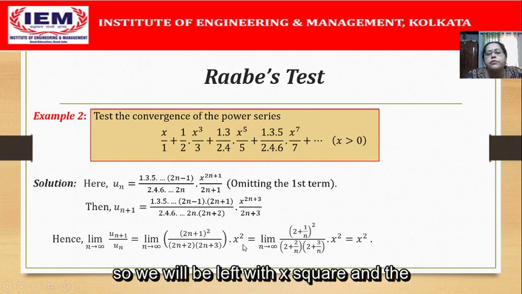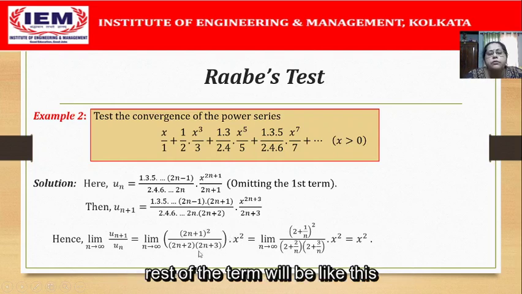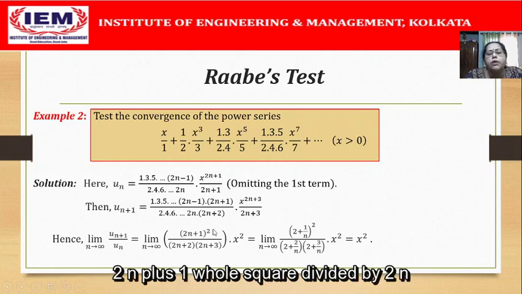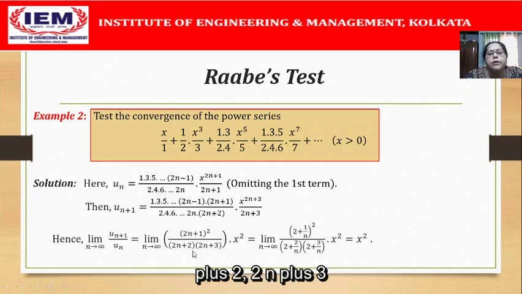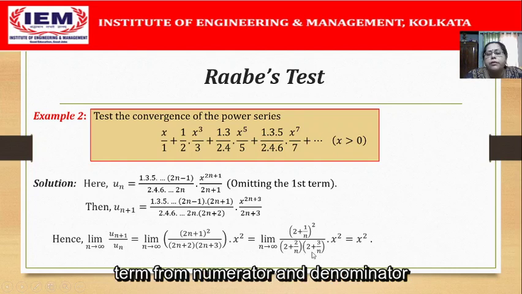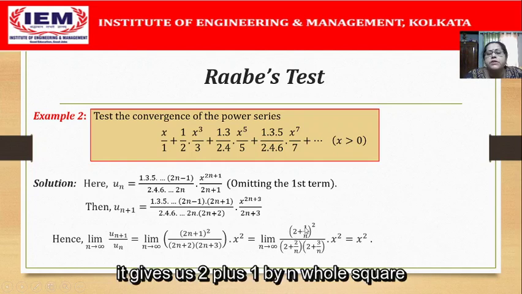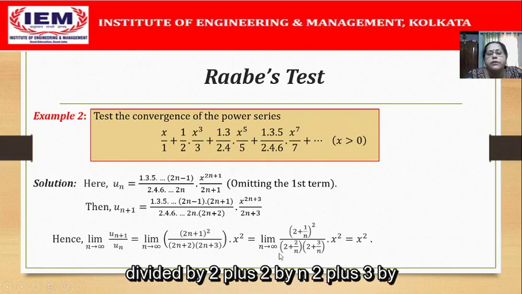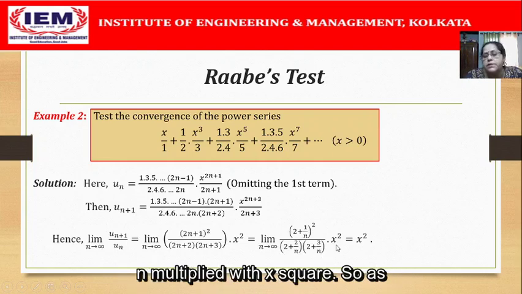So we will be left with x square, and the rest of the term will be like this: 2n plus 1 whole square divided by 2n plus 2, 2n plus 3. So again, if we take out the n square term from numerator and denominator, it gives us 2 plus 1 by n whole square divided by 2 plus 2 by n, 2 plus 3 by n multiplied with x square.